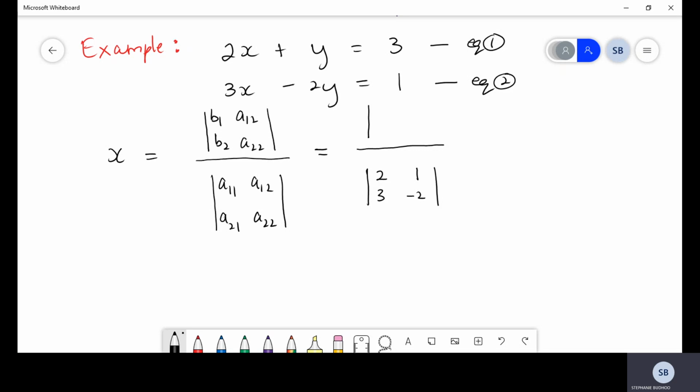And the numerator is also simple. You can think of it like this. If I want to find my x value, I am going to set my first column to the values on the right-hand side of both equations. So I'm going to set my first values to 3 and 1, which are these two values here.